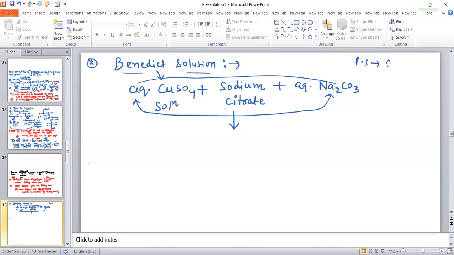Like in the case of Fehling's solution, initially the color is blue, and this blue color is due to the cupric ion.